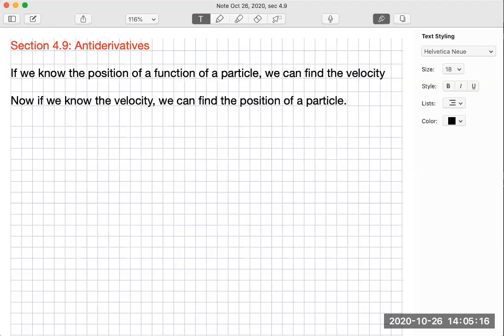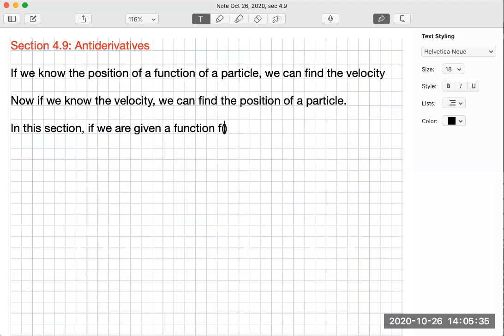So now in this session, we are trying to find a function capital F of x.